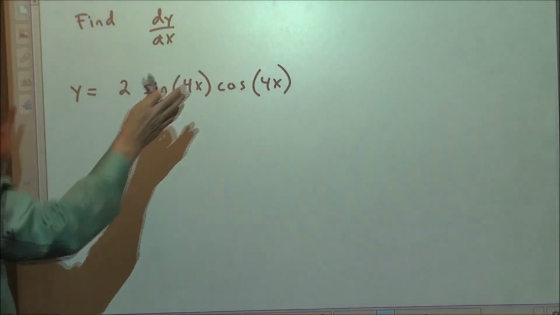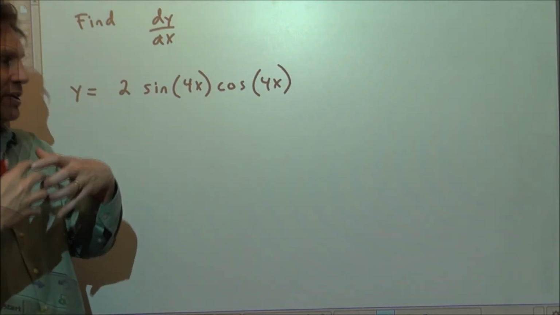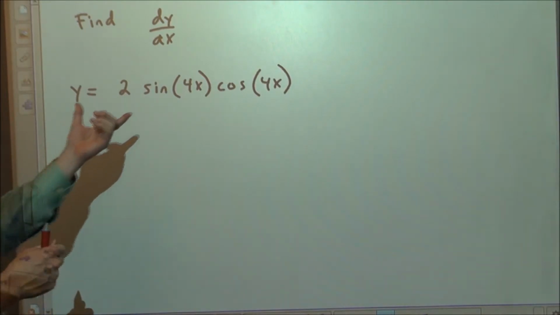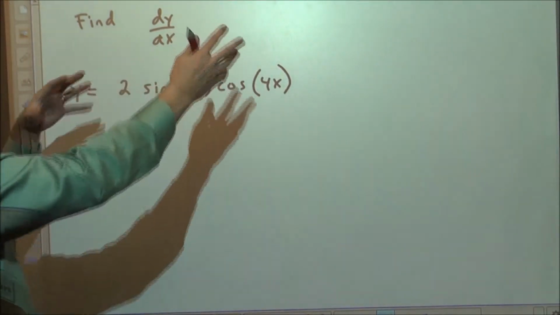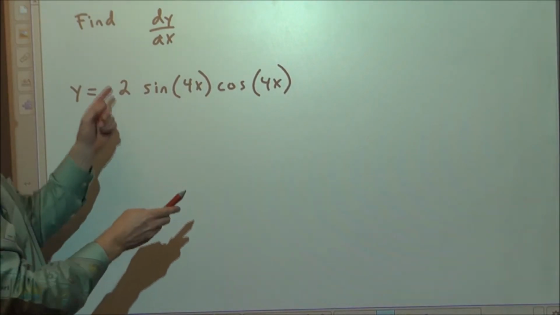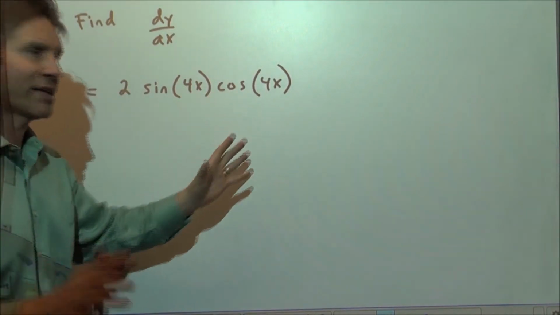So here we go to this one. Now we see this, and it looks kind of messy. If we didn't recognize that we could replace this with the double angle for sine, then we'd have to be using the product rule and the chain rule amongst all that, and that's just too messy. But we recognize that we have 2 times the sine of some angle times the cosine of the exact same angle.